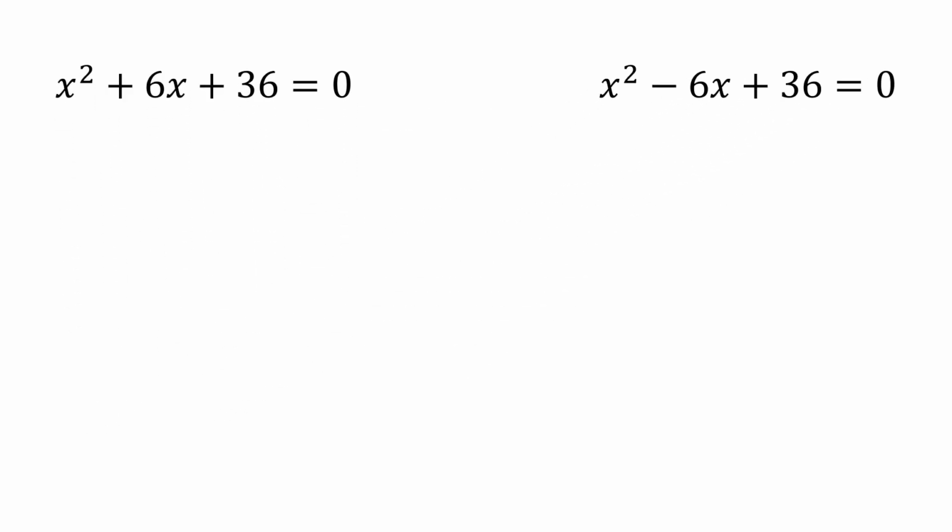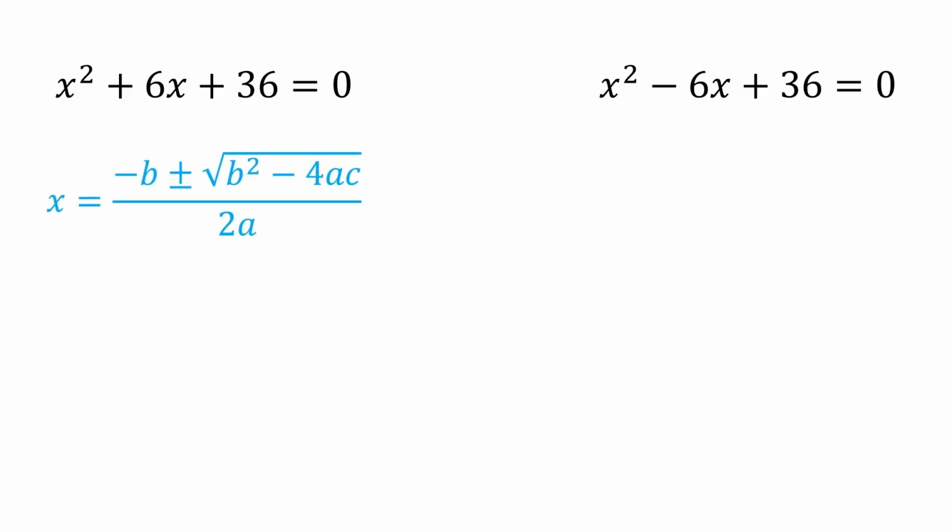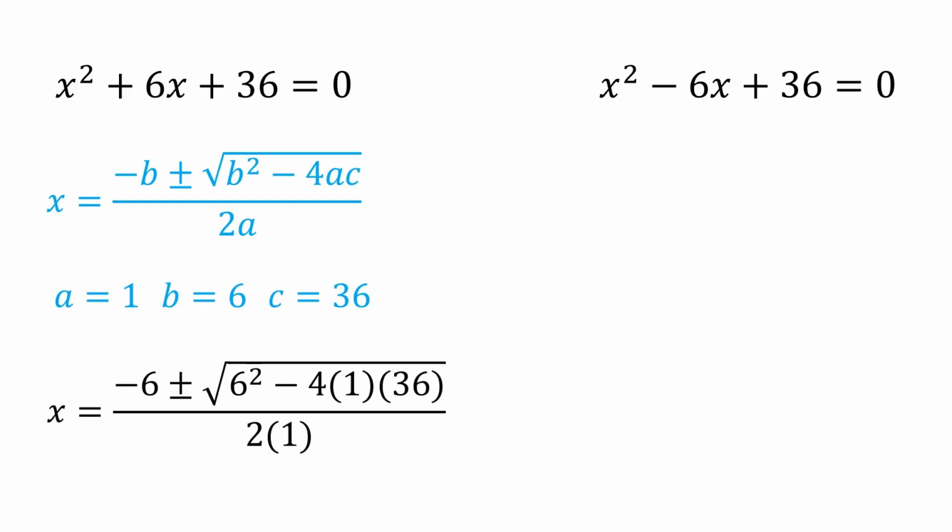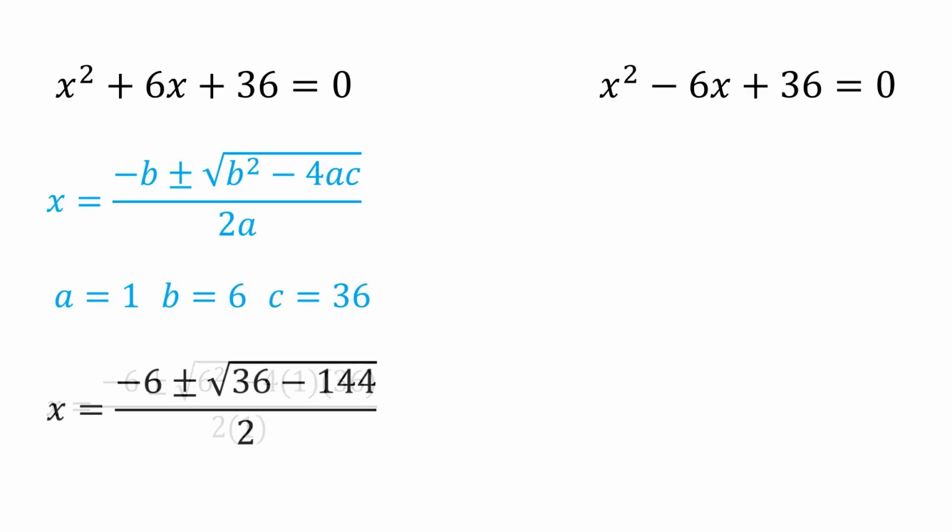Now for the first quadratic. Whenever a quadratic won't factor nicely, the quadratic formula is our best friend. Let's identify the coefficients. A equals 1, B equals 6, C equals 36. Substitute them carefully into the formula. Everything looks perfectly normal until we reach the discriminant. 36 minus 144.